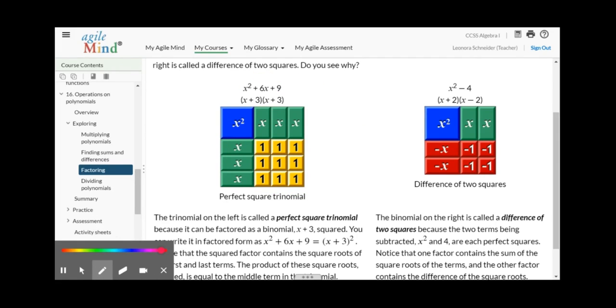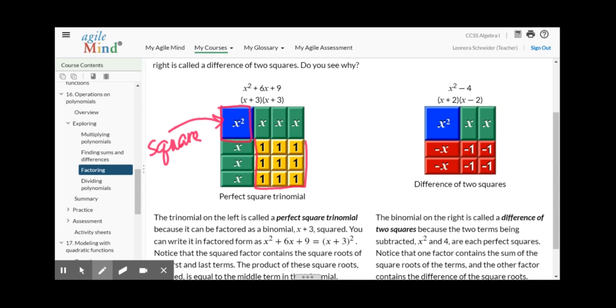Now let's look at the individual pieces of it. The square part is the x squared. That in itself is a square, right? So that's a square. And this square right here with the 9 pieces is also a square, right?